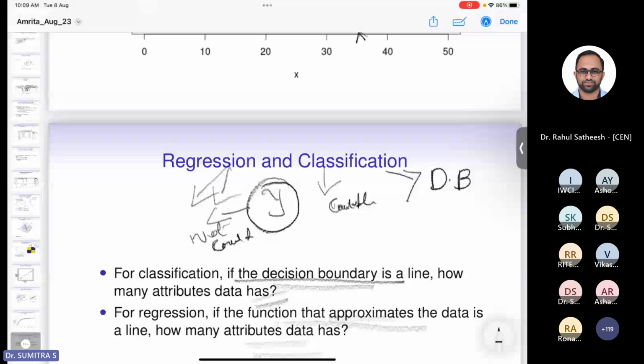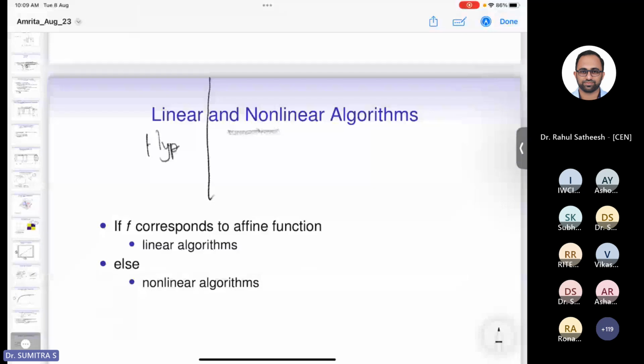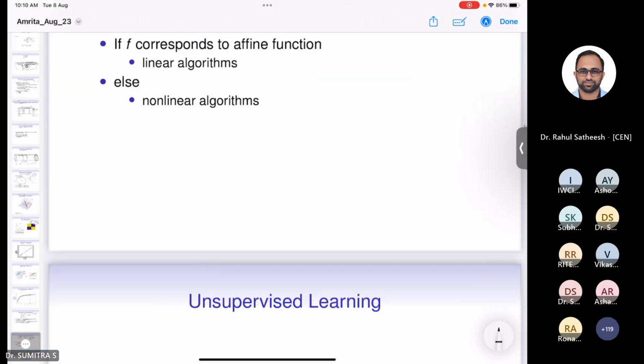So if we are finding a hyperplane, for both classification and regression, it is called a linear setup. Here, it is not a hyperplane, so it is non-linear. That is about linear and non-linear algorithms.